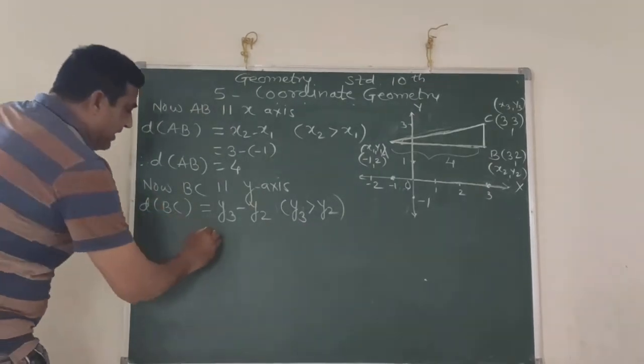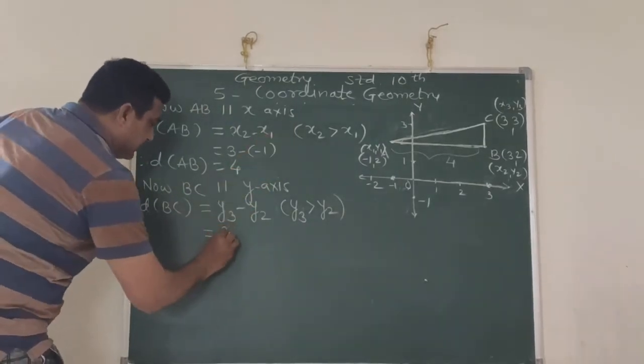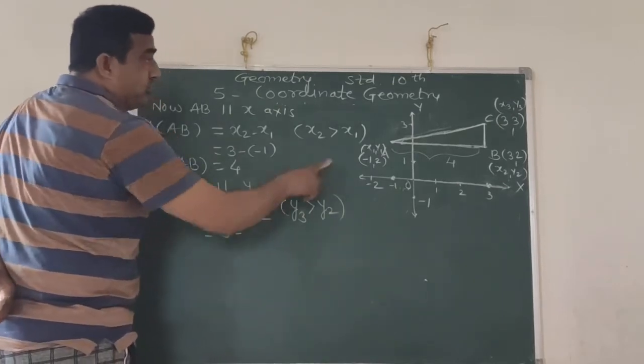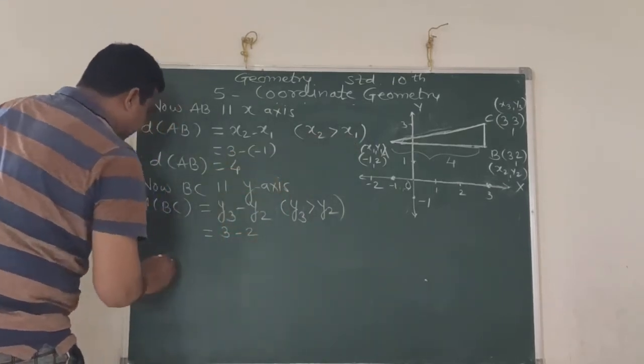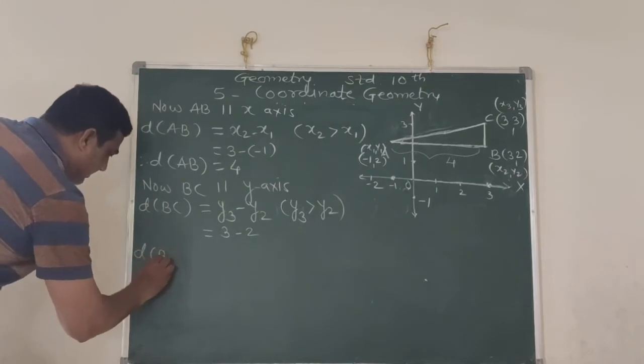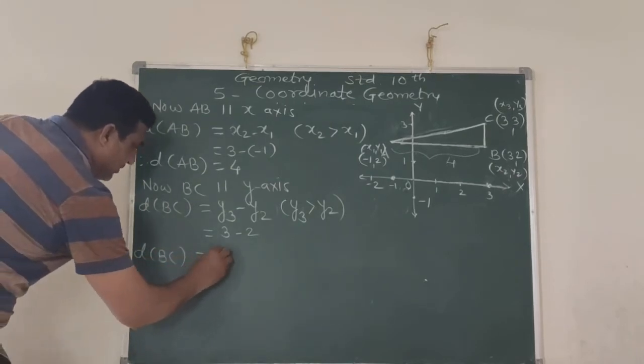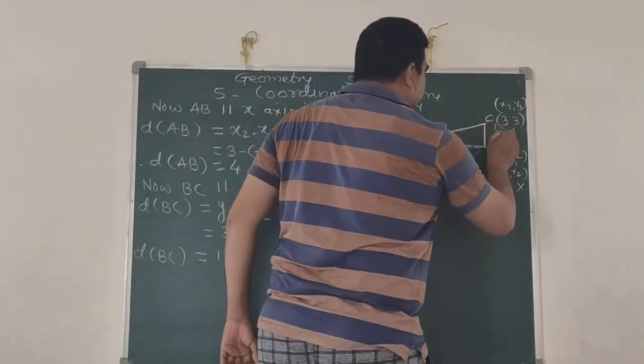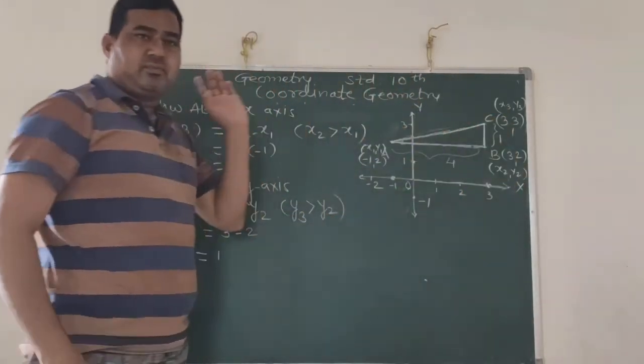So put down the value of y3, that is 3, minus y2, that is 2. So here distance BC is equal to 1. We got this distance BC is equal to 1.